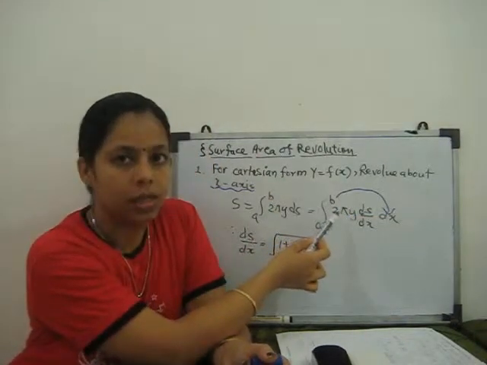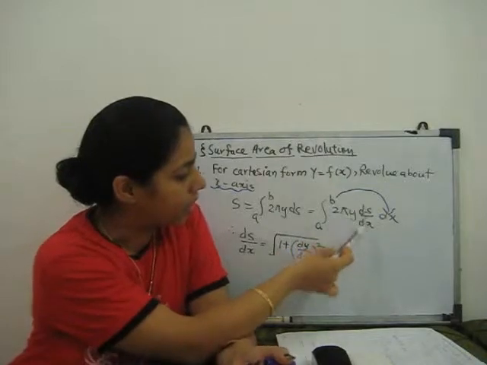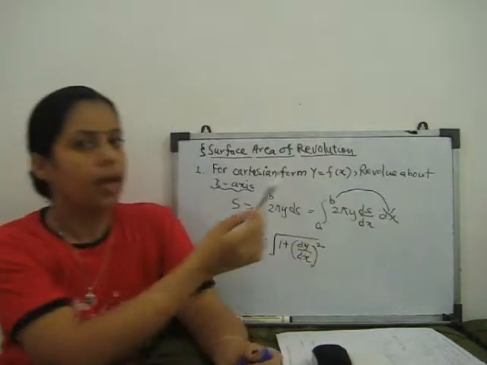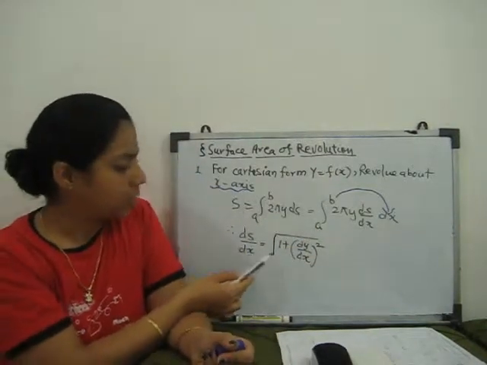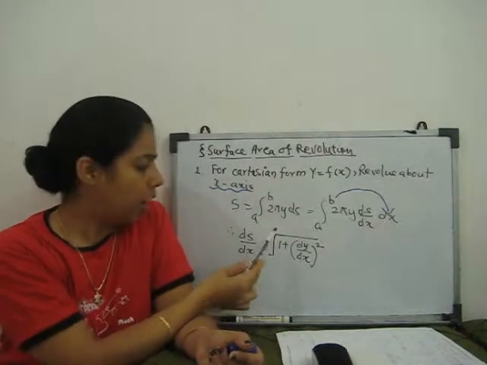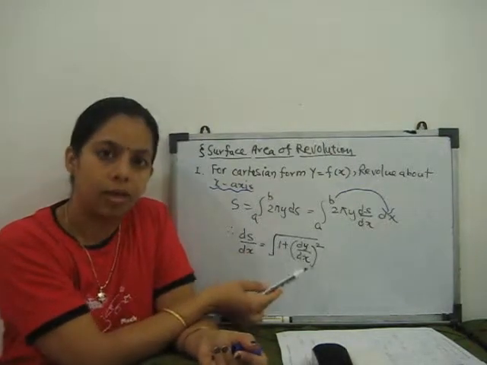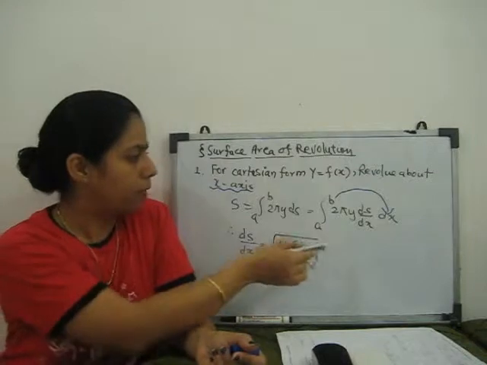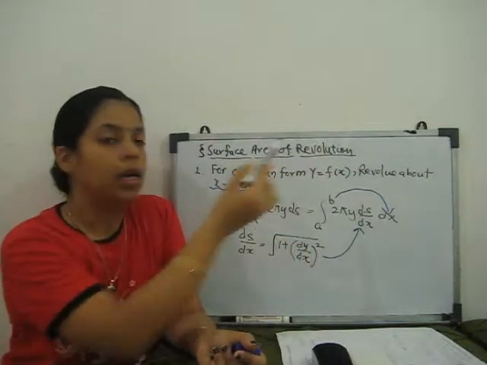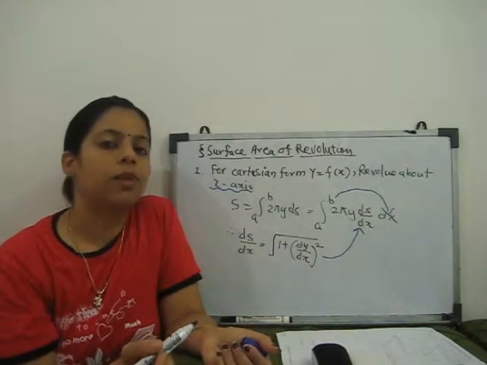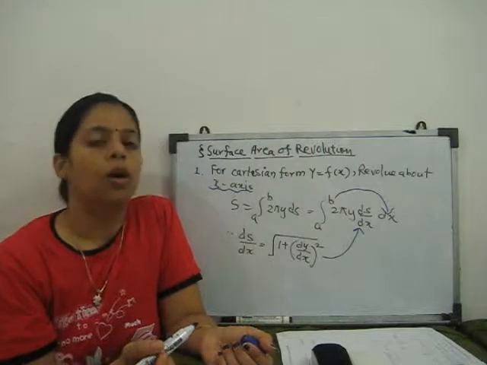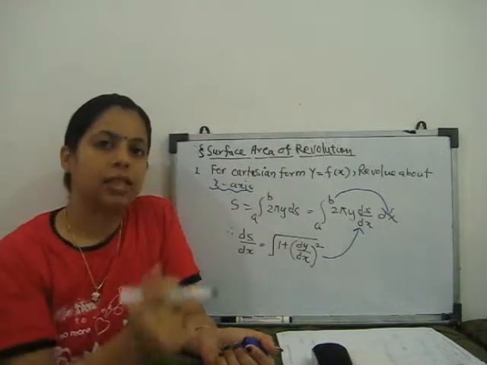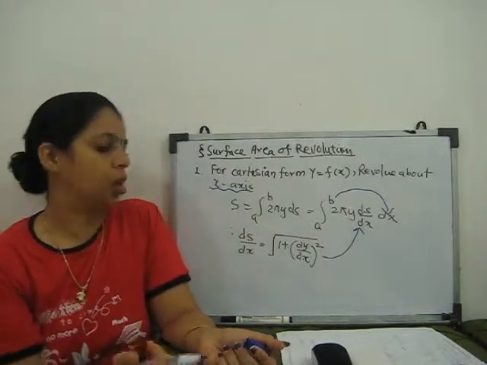So our integral converts into 2 pi y ds/dx dx. Now ds/dx is given by the formula square root of 1 plus (dy/dx) whole squared. So you replace this value here. This gives the surface area of revolution about the x-axis for Cartesian coordinates.